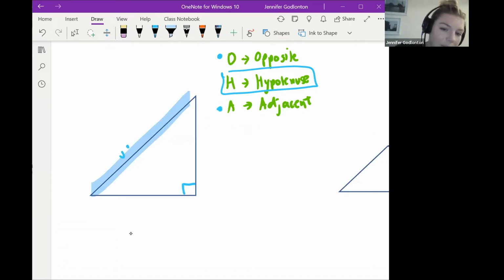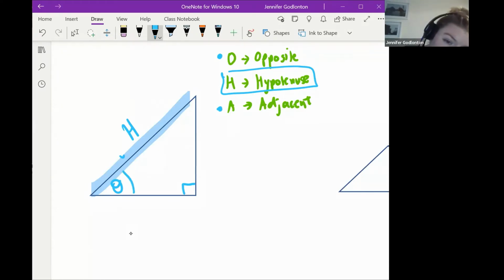Okay, I'm not even going to write hypotenuse, I'm just going to write H. That is our hypotenuse. Now, I'm going to put our angle, so I'm going to put our theta over there. And we need to think about, in relation to where theta is, which side is going to be opposite and which side is going to be adjacent.